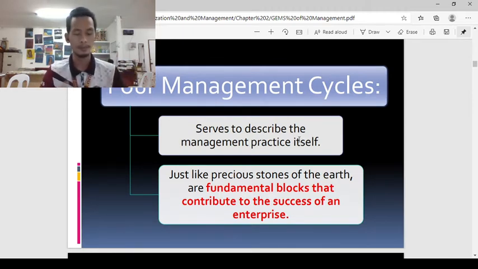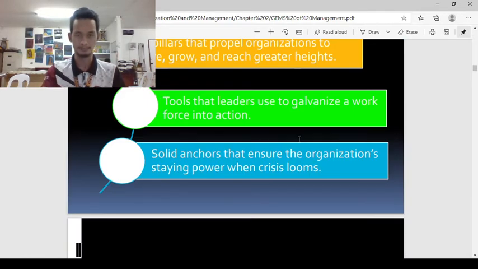They comprise the whole management practice, or they can describe in general what management as a practice is. Just like precious stones of the earth, the gems of management are fundamental blocks, meaning important processes that contribute to the success of an enterprise.